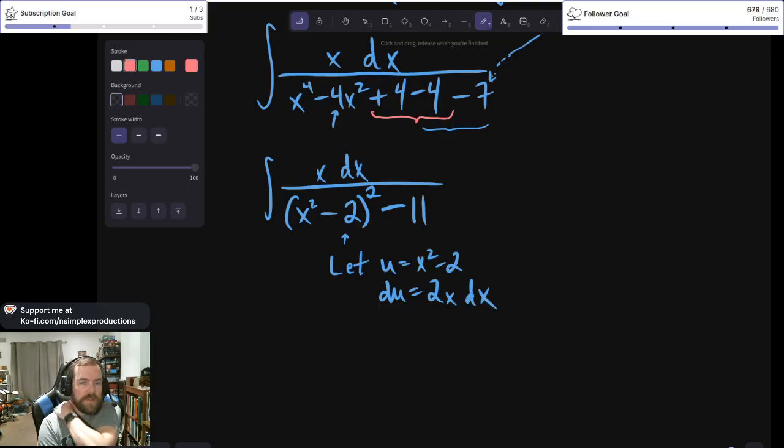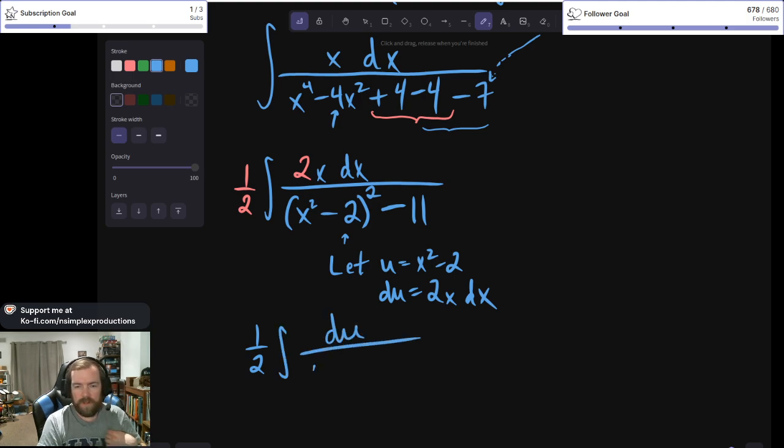Okay, we need a 2 out front, 2x dx, and now we need a 1/2 out in front of the integral entirely. So this is going to be a 1/2 integral of du over u squared minus 11.